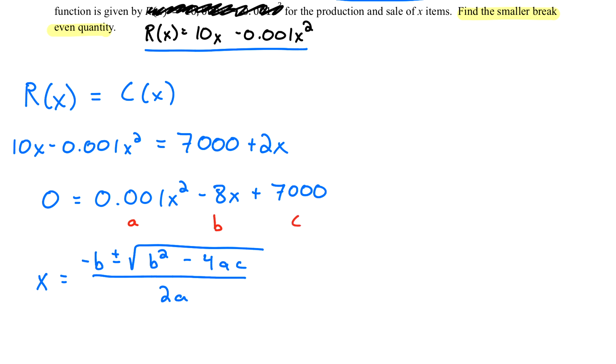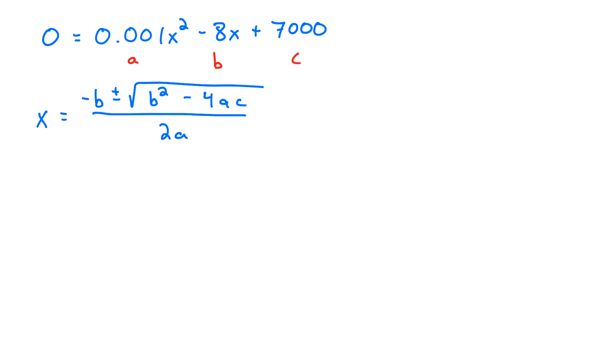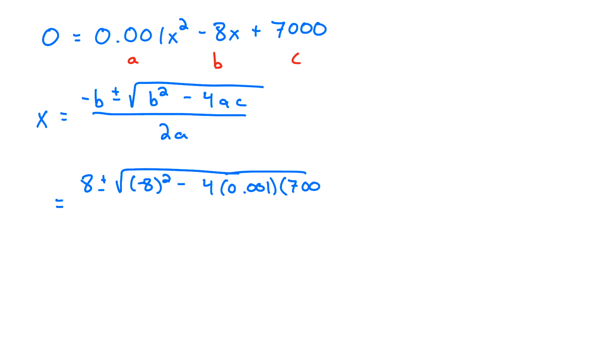So we're going to take these values and plug them into the quadratic formula. Doing that, we should have opposite of b, so opposite of negative 8 would be positive 8, plus or minus the square root of b squared, that's negative 8 squared, minus 4 times a, that's 0.001, times c, that's 7,000. All of that divided by 2a, 2 times 0.001.